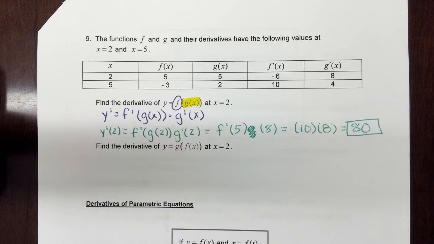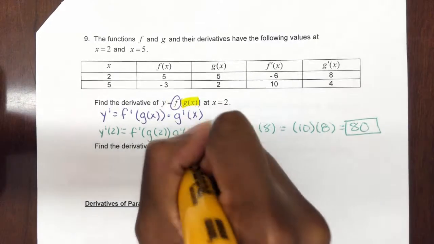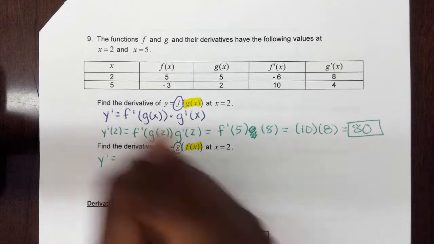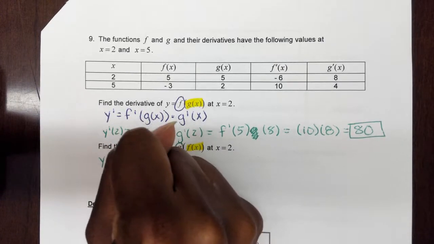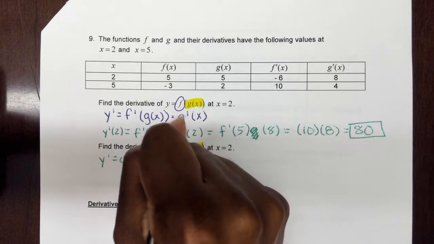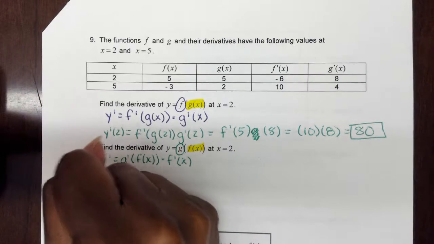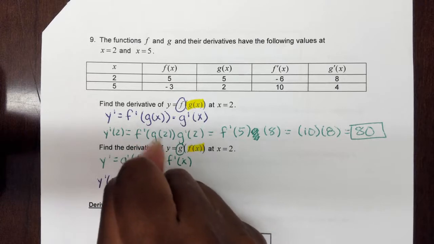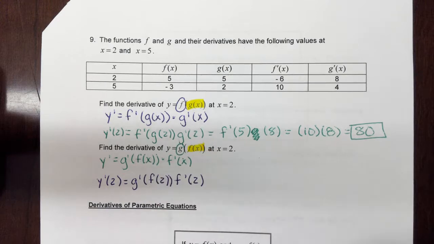Now, looking for g of f of x. In this case, g is our mama, and f of x is our baby. So we want y prime to equal the derivative of the mama with the baby times the derivative of the baby. And since we want to find this at the value of 2, we have g prime of f of 2 times f prime of 2.